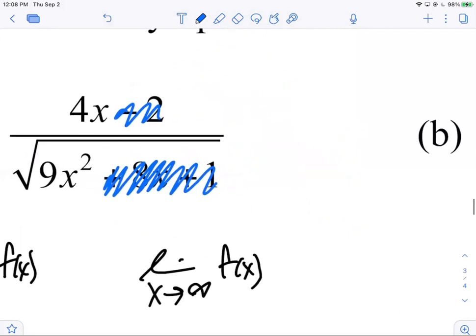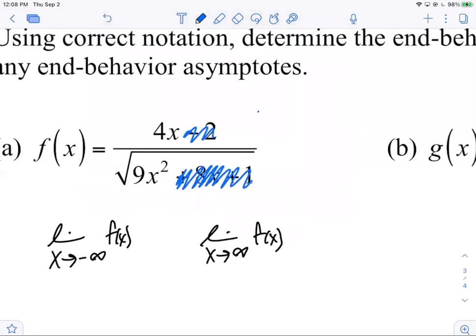So here's what you're going to do. You're going to come off to the side. I'm just going to put a squiggle. It's an approximation symbol. I call it the squiggle. This is where I come off to the side and do what I call, it's my terminology, the effective growth rate.